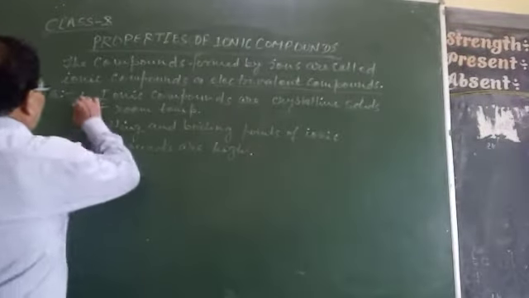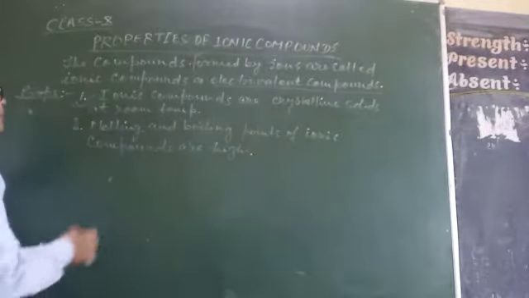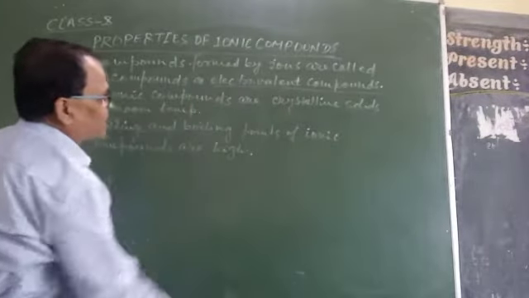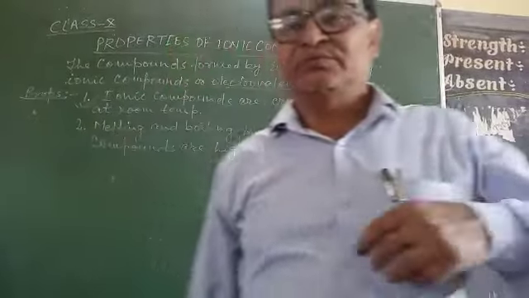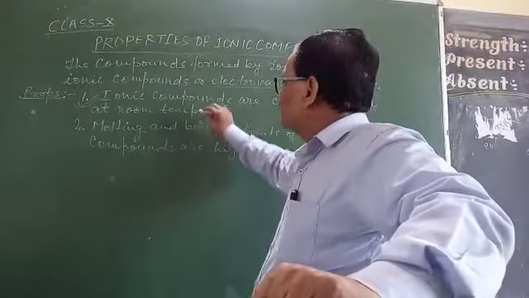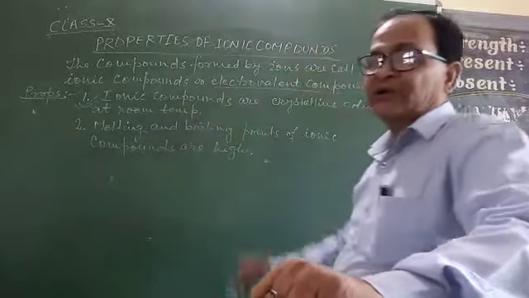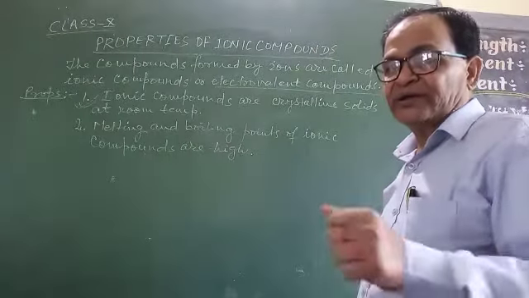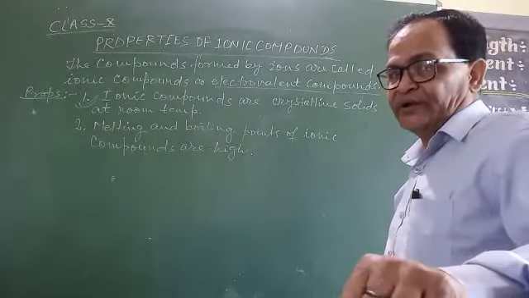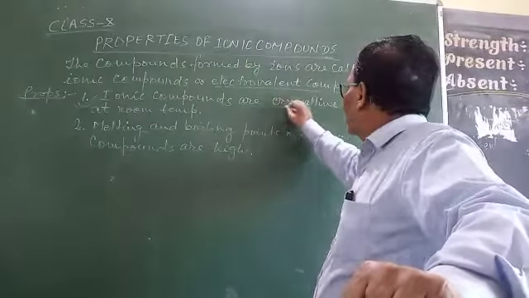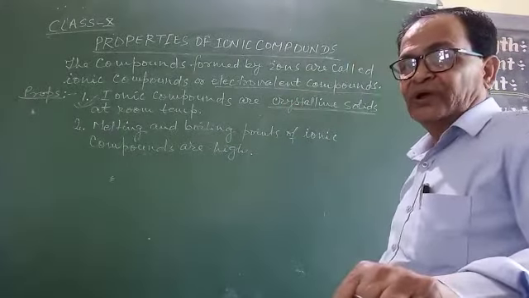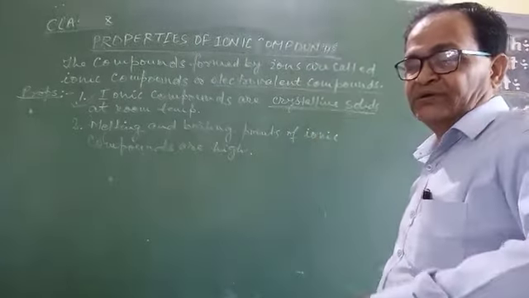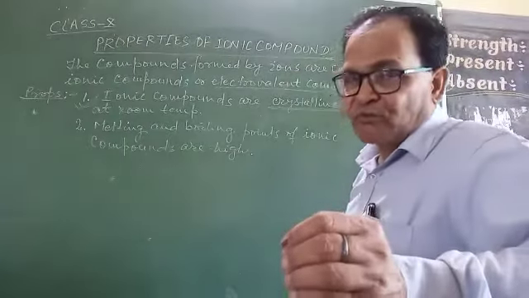The first property of ionic compounds is that ionic compounds are generally crystalline solids. It means ionic compounds exist in solid state as crystalline solids. They form crystals.